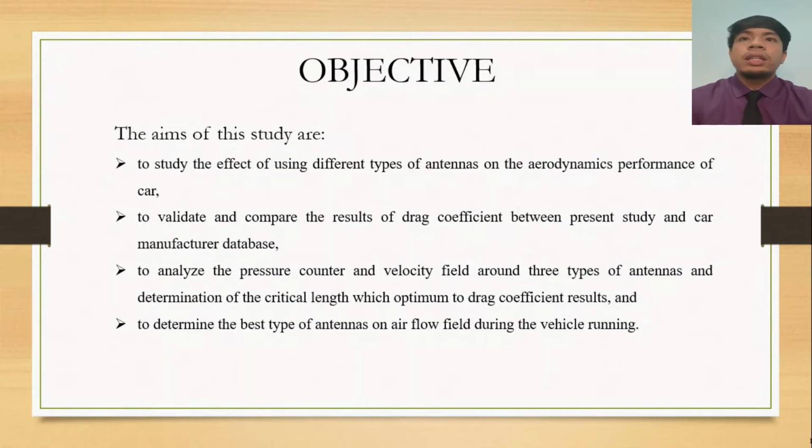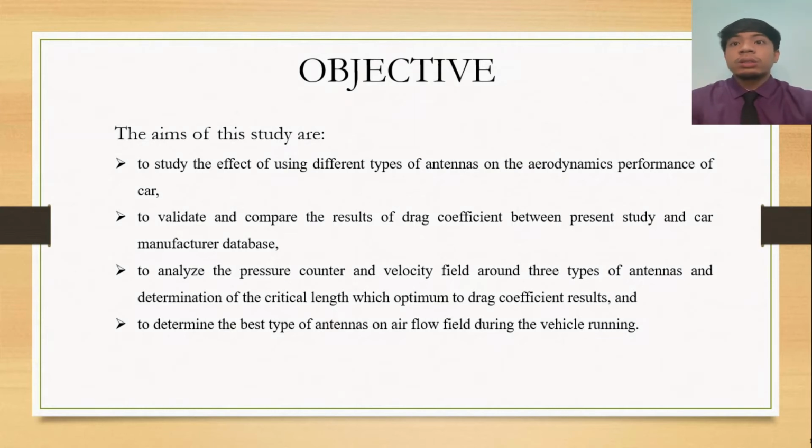Objectives of this study are, first, to study the effect of using different types of antenna on the aerodynamic performance of car. Second is to validate and compare the result of drag coefficient between present study and car manufacturer database.